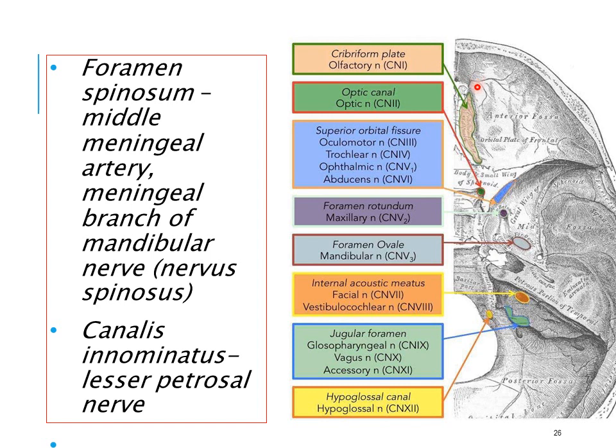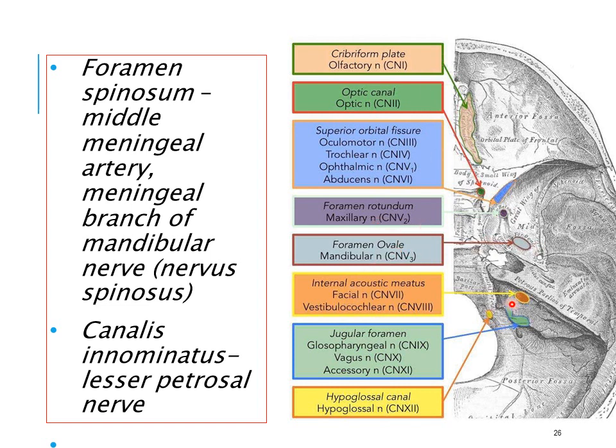The cribriform plate, where you have the olfactory nerves, optic canal for the optic nerve, the superior orbital fissure for the oculomotor nerve, trochlear, ophthalmic and abducens nerve. The foramen rotundum is for the maxillary nerve, and foramen ovale I have told you already.